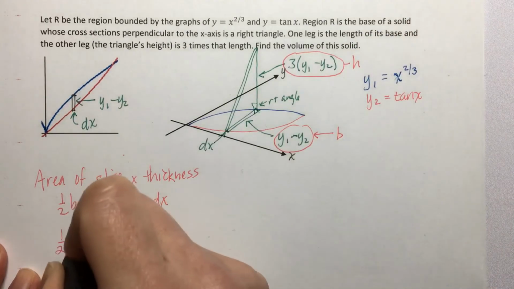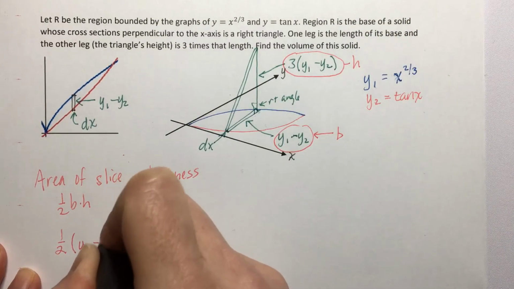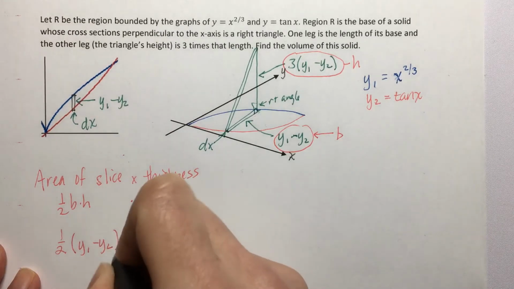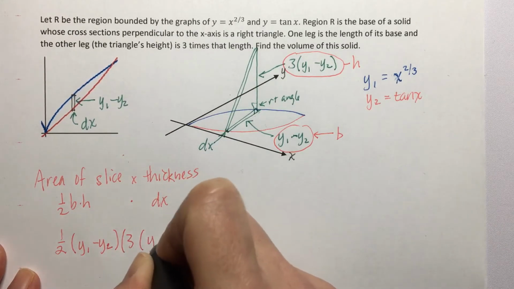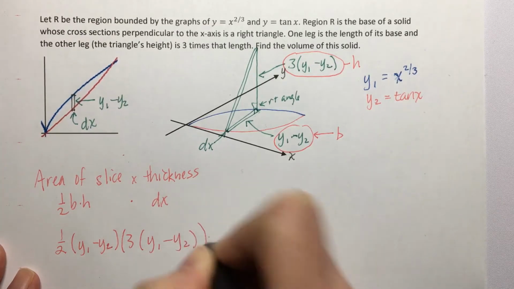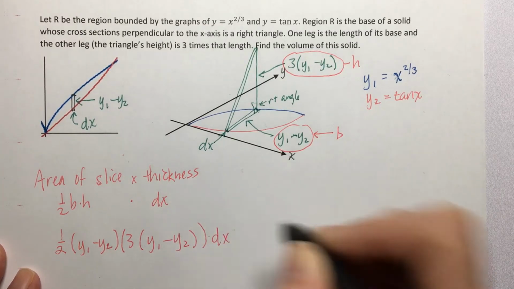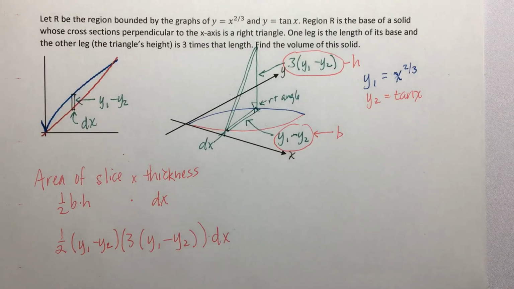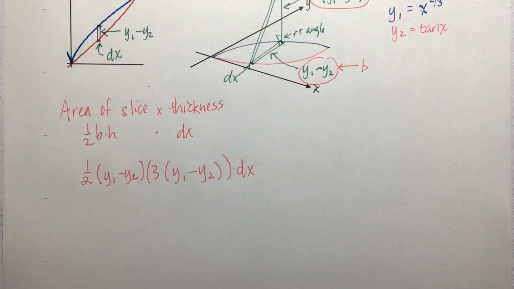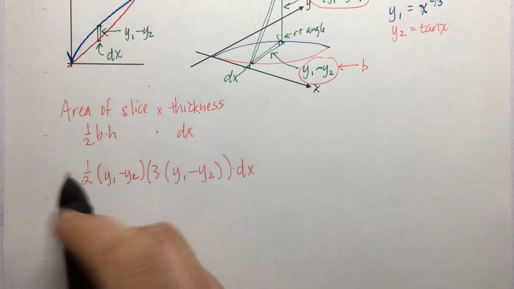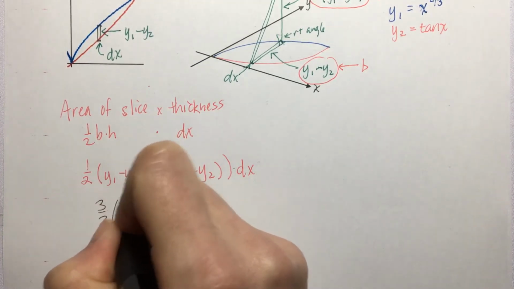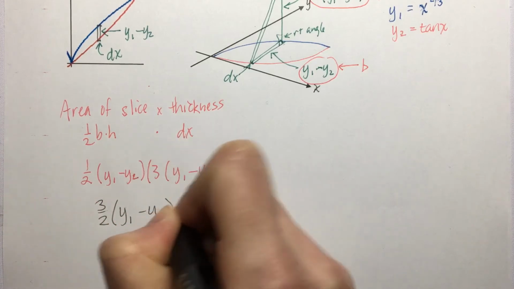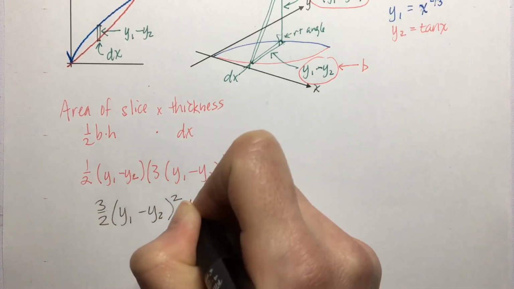So I have y1 minus y2, and I have 3 times y1 minus y2, and then dx. Okay, so this is my general setup. I can obviously tidy it a lot. So I have my 1/2 times 3, so 3/2 y1 minus y2 squared dx.